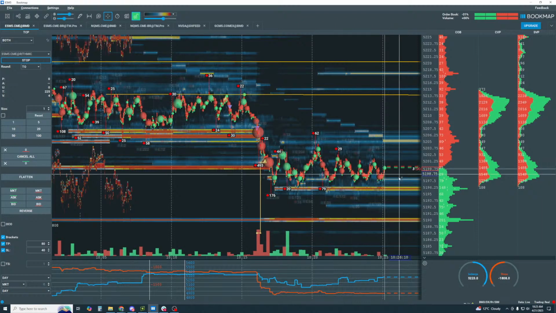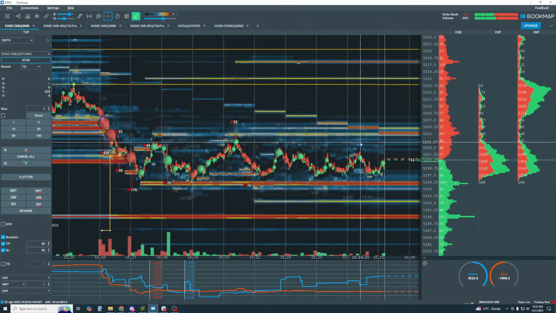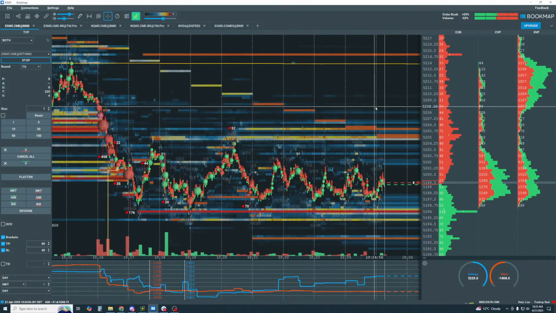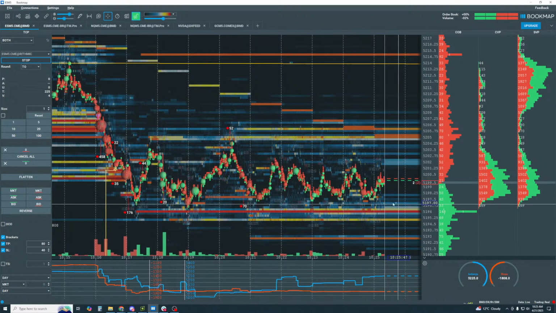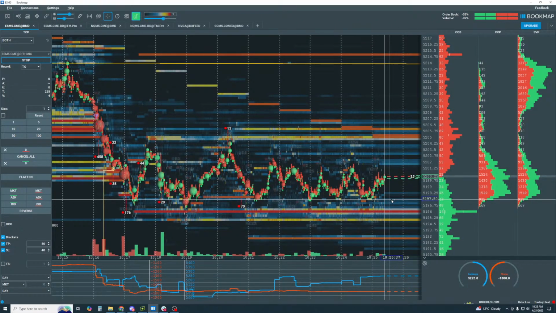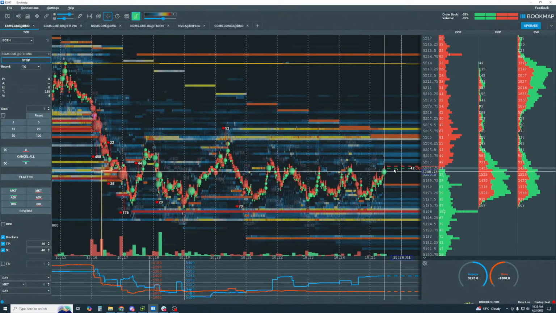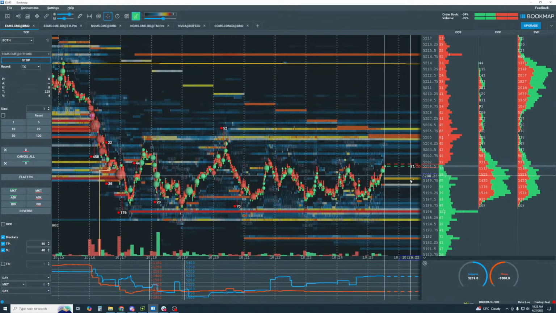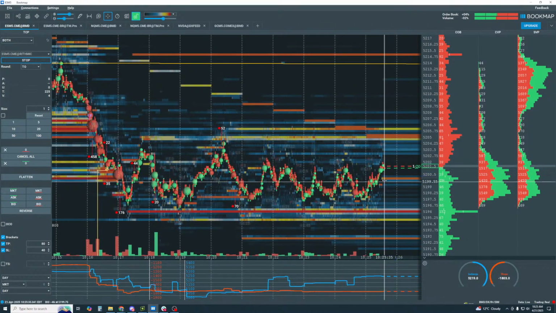Let's see what we've got cooking here. Not much, just kind of in this range. Here's the potential squeeze right here, right now. Order flow, or limit orders, or demand underneath here.